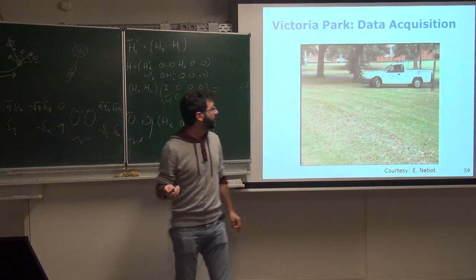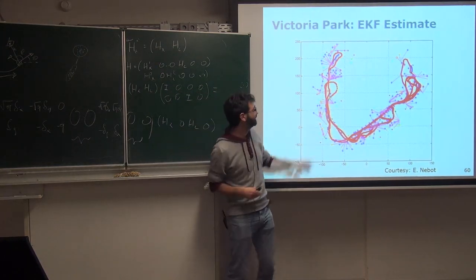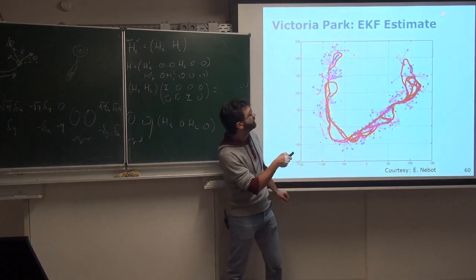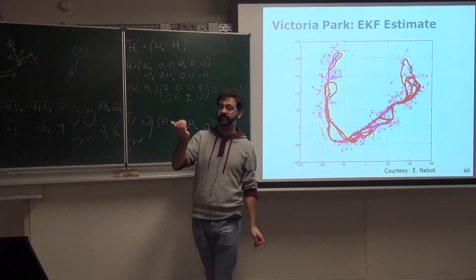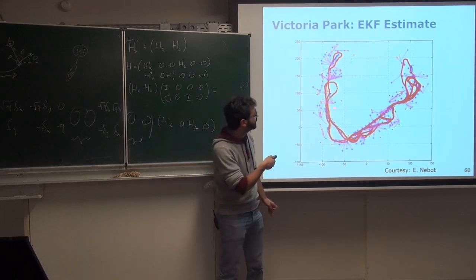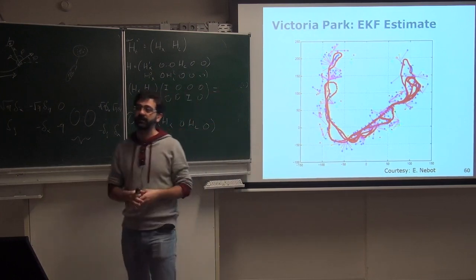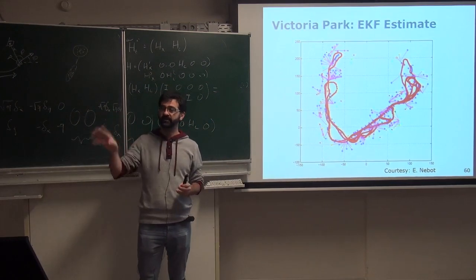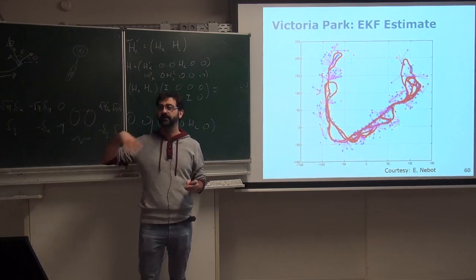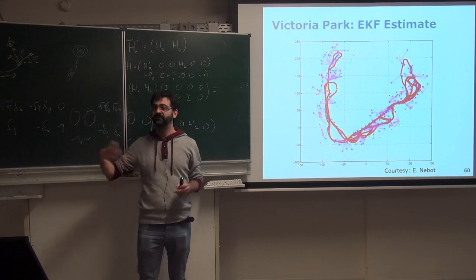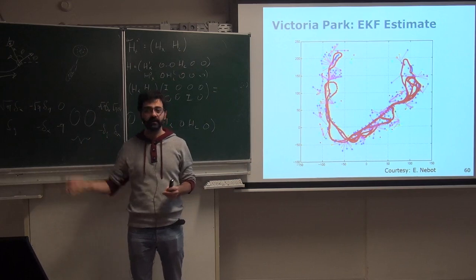This is how the map looks like. The red is the path of the robot. These blue crosses are landmarks that have been observed and estimated. These other colors are spurious measurements, so there's a lot of engineering and algorithmic work to understand if a landmark is a good one or a bad one, or has been validated, to say I'm sure that's a real trunk and not a wrong measurement, like a person walking by.